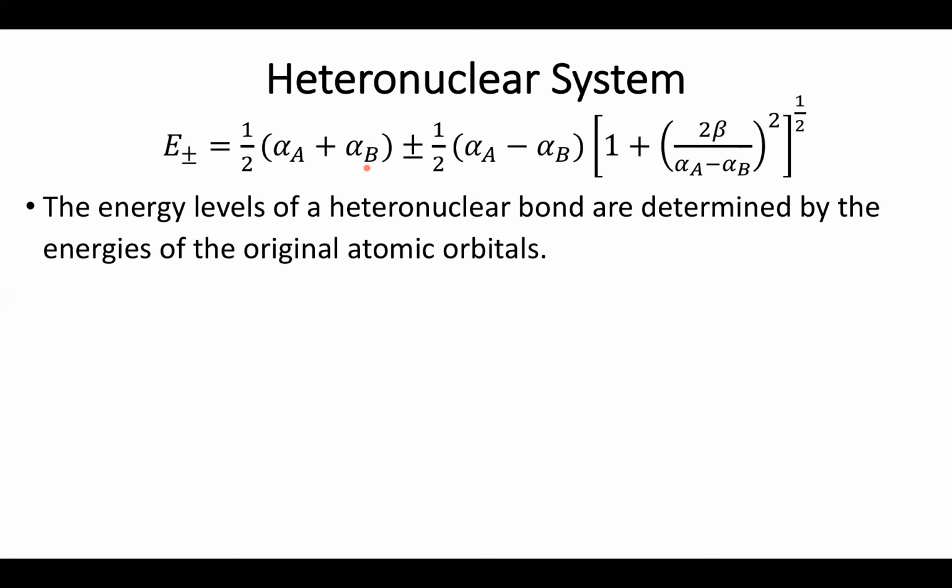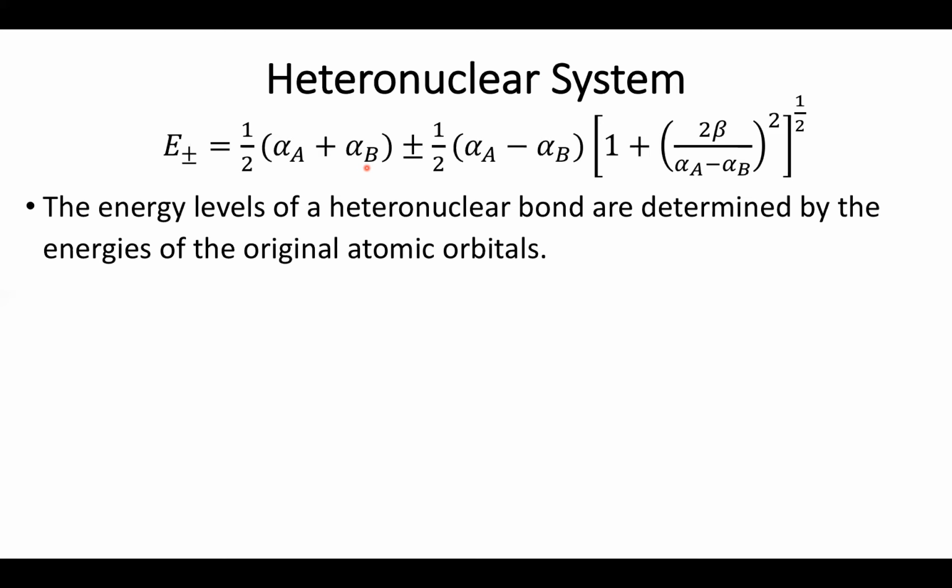However, there is a slight problem with that, which is that when I'm looking at the electronic energies of an orbital, in terms of its ability to make a bond, I don't care about just how hard it is to remove that electron. I also care about how readily it accepts an electron.